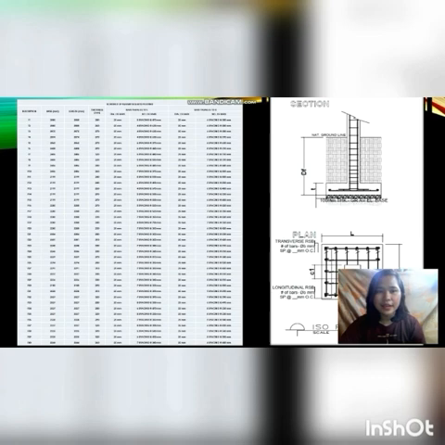So here we can see our schedule of square isolated footing designs. We have a total of 40 different designs for our isolated footing model for our detailing. So this is df, or the depth of our footing, and for the thickness, it is located here. And for our plan, we have the length here, the base here, C1 or column dimension, C2.